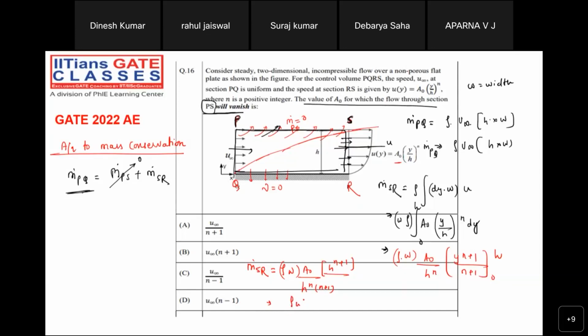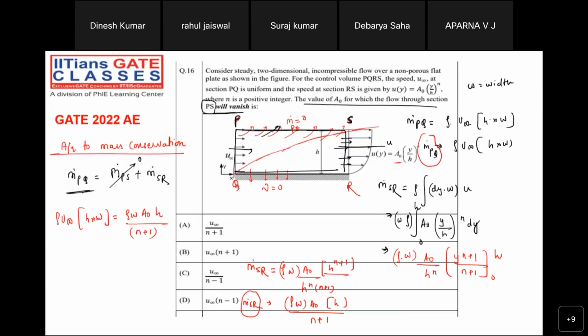Rho into W into A naught into h divided by n plus 1. Can we write like that? Now if you equate this mass flow rate through section SR to the other mass flow rate, rho into U infinity into h into width equals rho into W A naught into h divided by n plus 1.